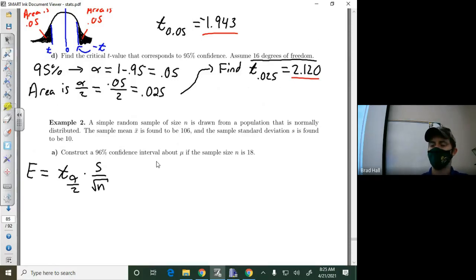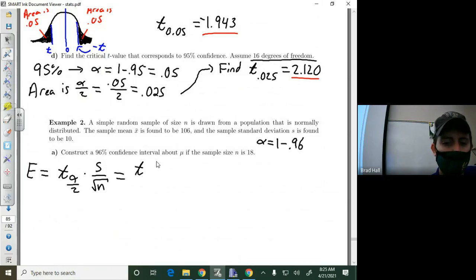So this implies that we need quite a few things here. We need to know alpha, and they already gave us s and lowercase n here. Alpha is always the complement of the confidence level, as a proportion. The sample standard deviation is 10.